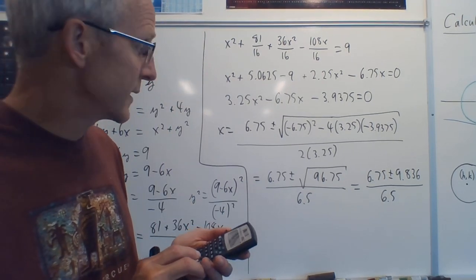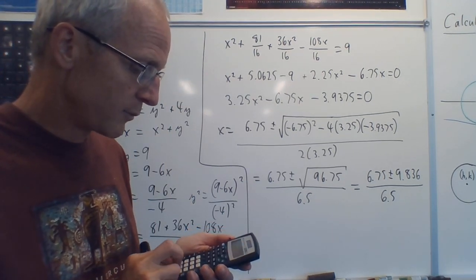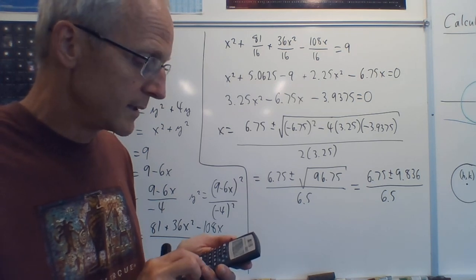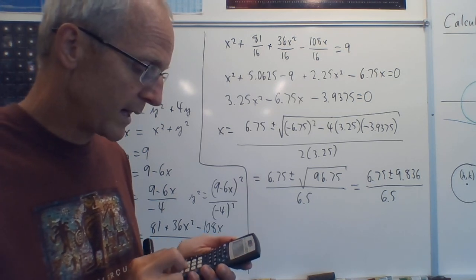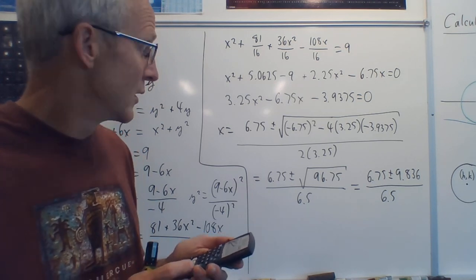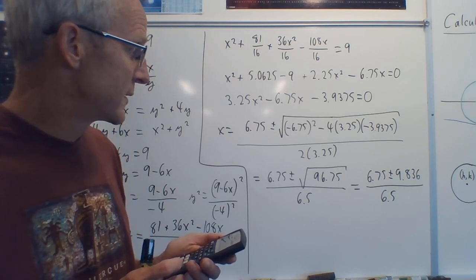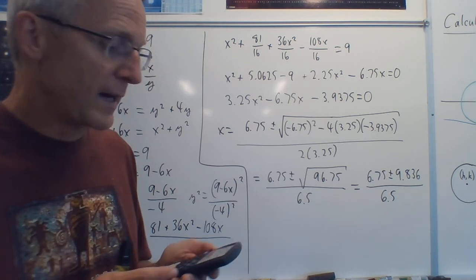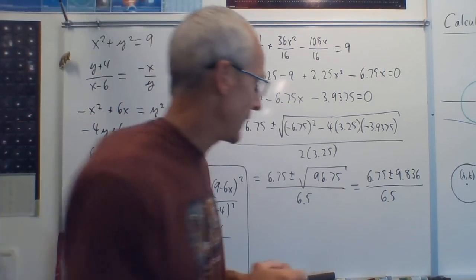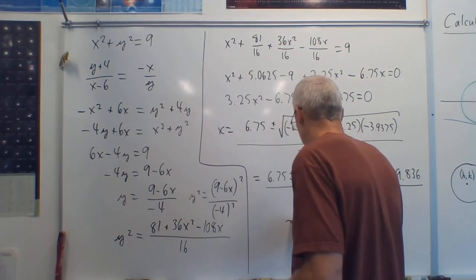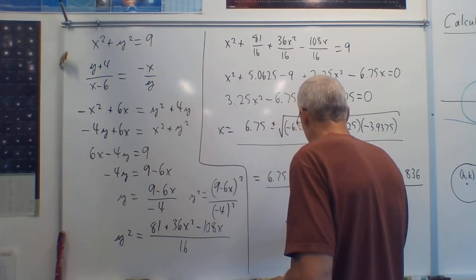So 9.836 plus 6.75 divided by 6.5 equals about 2.55. So that's equal to 2.55.